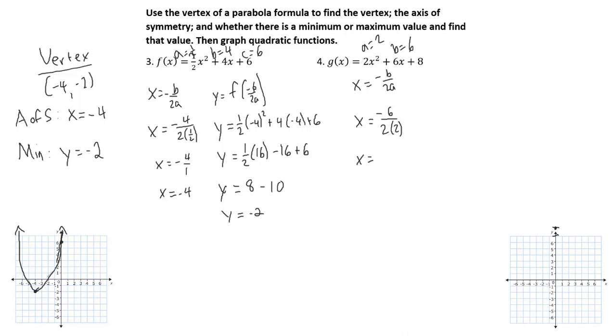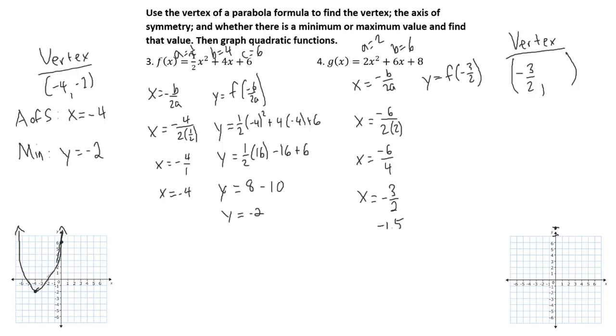So that x is negative 6 divided by 4. So x is negative 3 over 2. So our vertex is found at negative 3 over 2 as our x value. And now we need to find our y value. So our y is found at f of negative 3 over 2, and the x value as a decimal approximation is negative 1.5. That will help us when we graph.